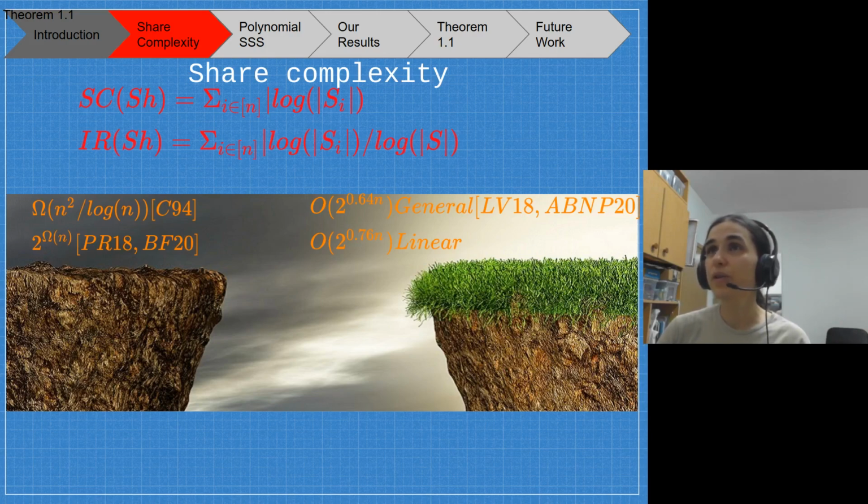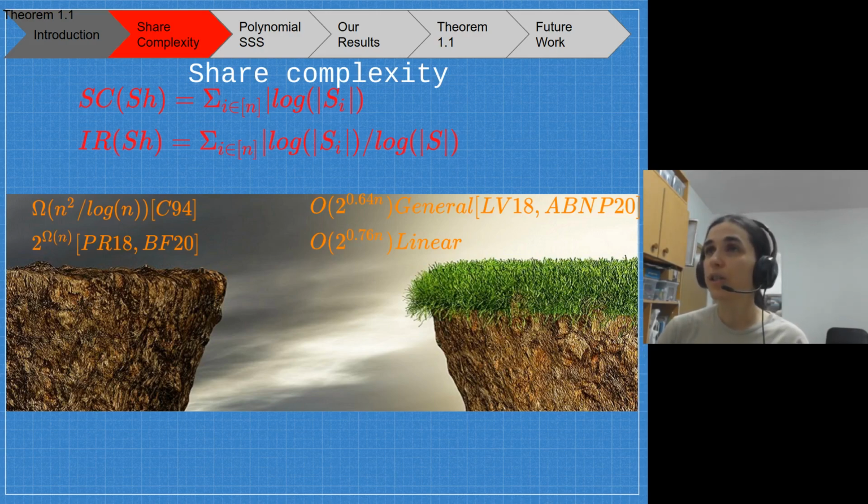Similarly, one can consider the information rate of a sharing scheme, which is the same as the share complexity, but normalized by the secret length. Sometimes one could think that if we share longer secrets, we can get a better overhead per secret bit. And sometimes it suffices even if we have very long secrets.